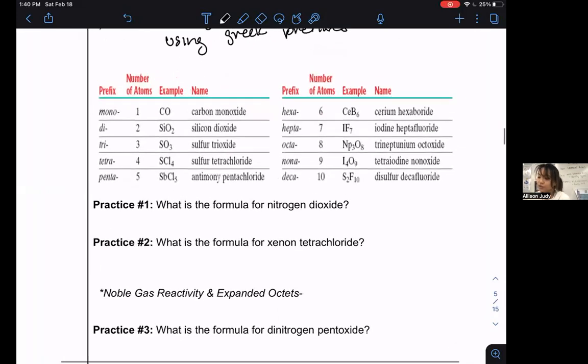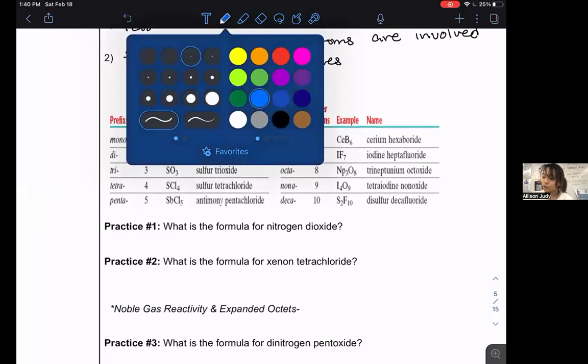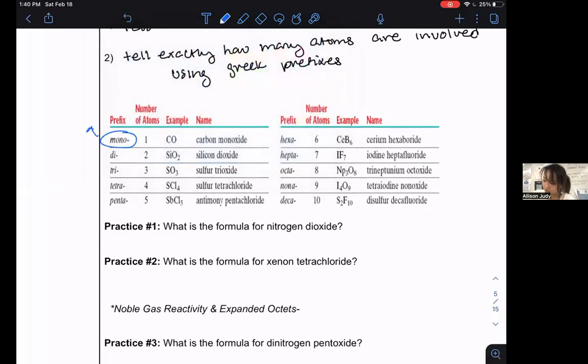One thing that you'll notice is that we never use the Greek prefix mono for the first element, but we will write mono for the second element. Monoxide, a one oxygen compound. But we wouldn't say monocarbon because we assume, at least when starting off the name, if you mentioned the atom in the first place, there's got to be at least one.